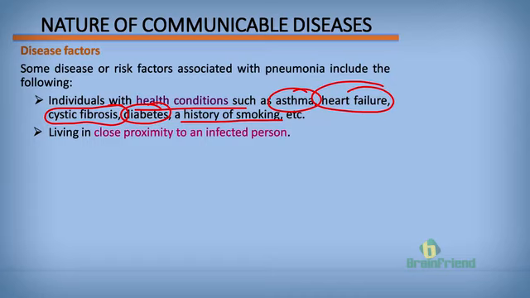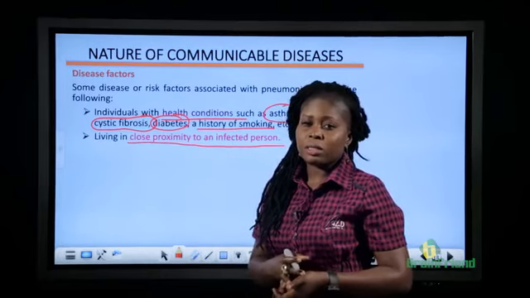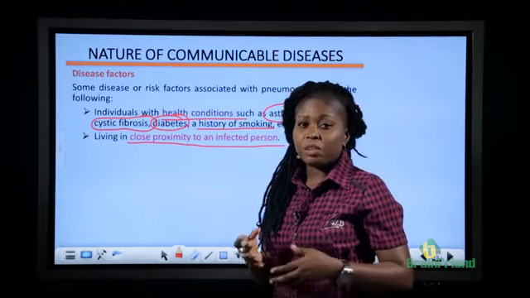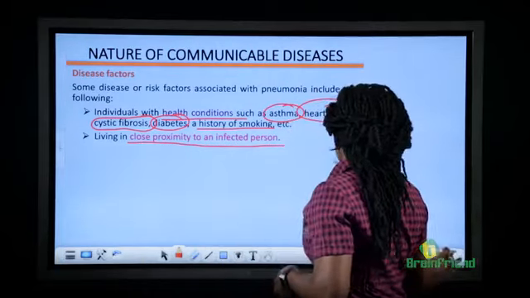Also, living in close proximity to an infected person. People who live in the same environment with people that already have pneumonia have very high chances of developing the disease.